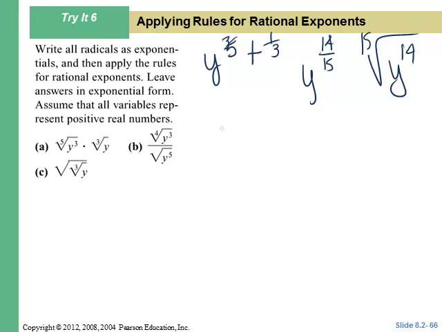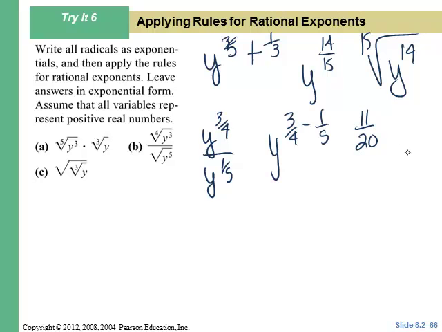B is y to the 1/4 over y to the 1/5. So y to the 1/4 minus 1/5. You get 20ths. This is 5/20ths minus 4/20ths, which is 1/20th. So it's the 20th root of y.